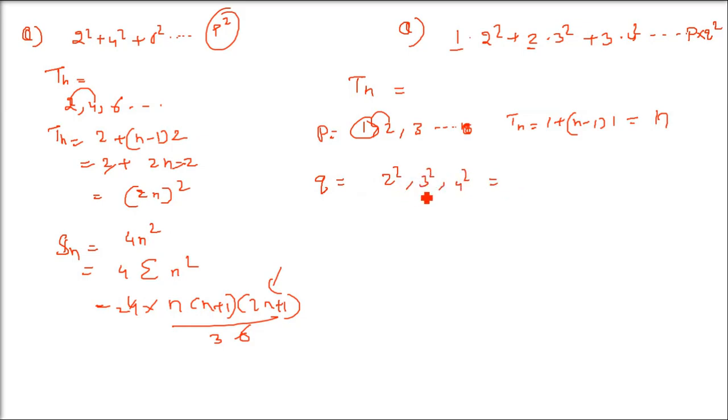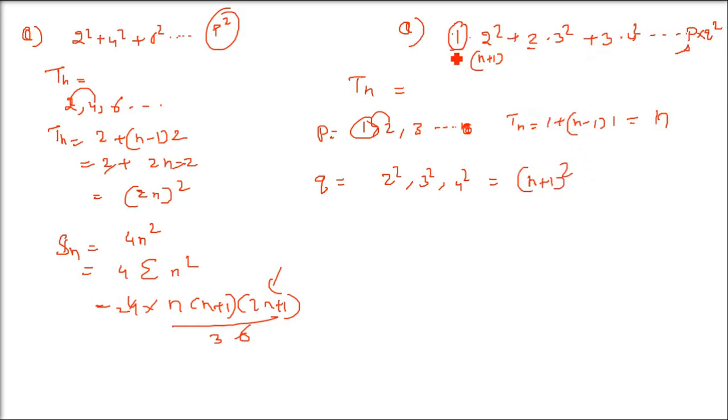So it's 2, 3, 4, like this. Now in this 2, 3, 4, what is a? A is 2, d is 1. So ultimately what are you going to get? 2 square, 3 square, 4 square. If you take 1 as n, 2 will be n plus 1 whole square.